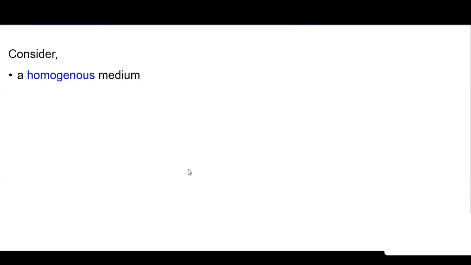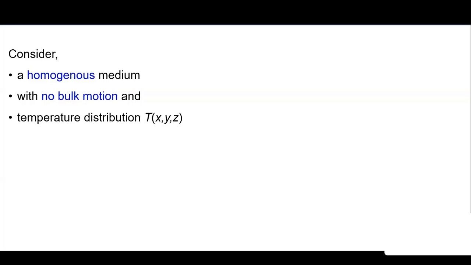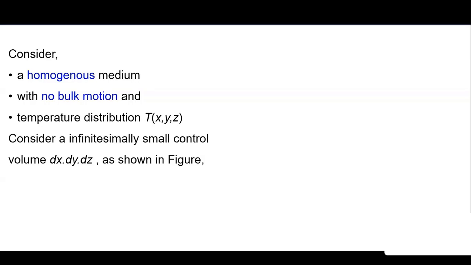Consider a homogeneous medium with no bulk motion, because we are not going to consider convection, only conduction. The temperature distribution is a function of x, y and z, as we are talking about the Cartesian coordinate system. So the coordinate axes are x, y and z.